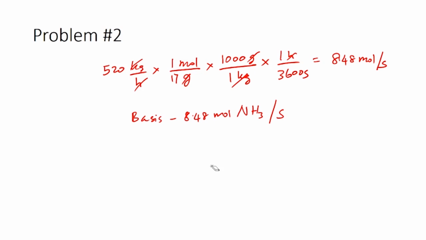We have been told that there is a gas blending unit where you have one feed which is ammonia, that is 8.48 moles of ammonia coming in per second at 25 degrees Celsius, and there is another stream of air which is coming in. We do not know the number of moles of air which is being fed. So, let us call it N1 moles of air per second, and we also do not know the temperature at which it is coming in. So, we will call that T degrees Celsius.